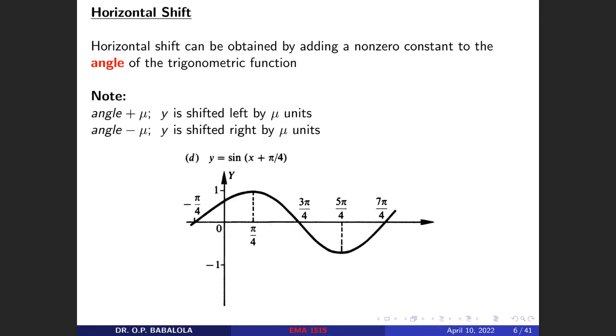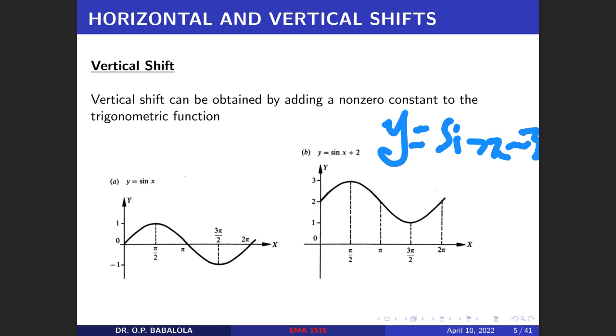And horizontal shift can be obtained by adding a non-zero constant, but now it's going to be added to the angle of the trig function. Let's say we have sine x plus pi over 4. Remember, this is different from the one we had in the case of vertical shift.